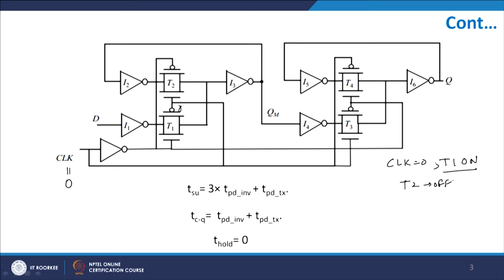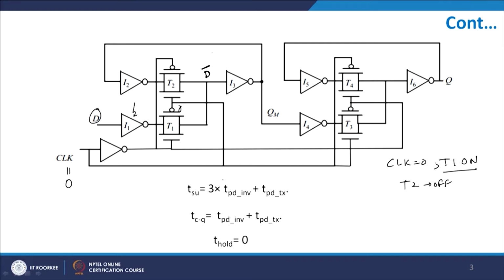Because your PMOS is driven by a 1 state. So when T1 is on and T2 is off, any data available here will be inverted by I1, which is a static inverter, and fed here, and you will get D bar.